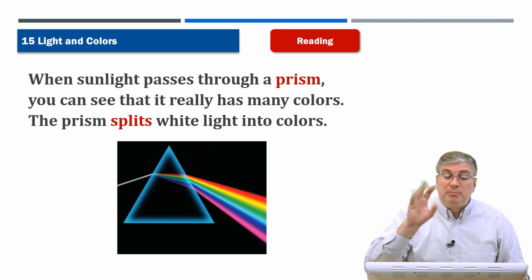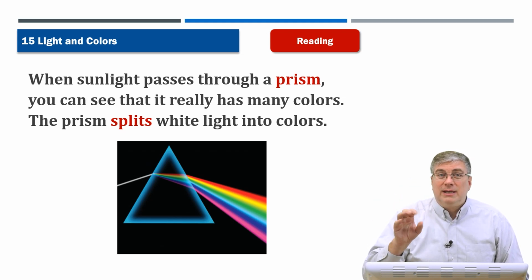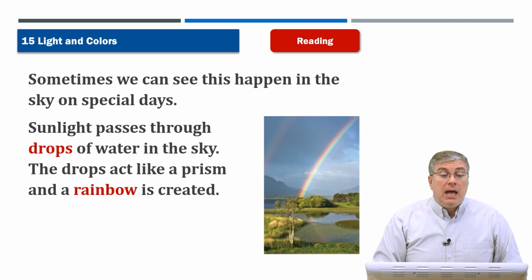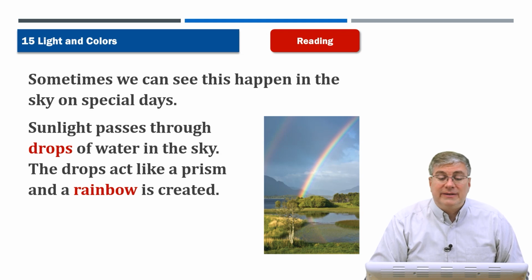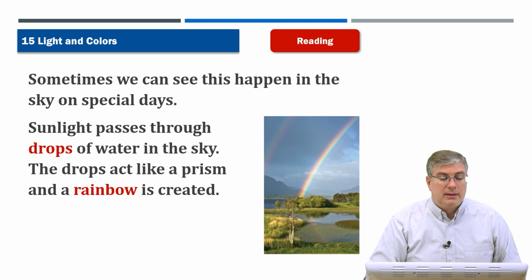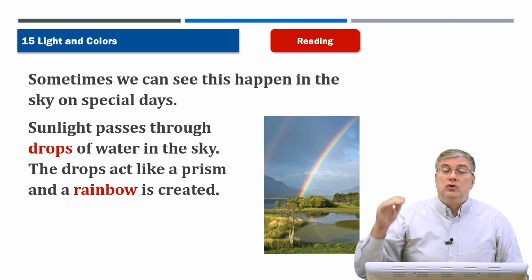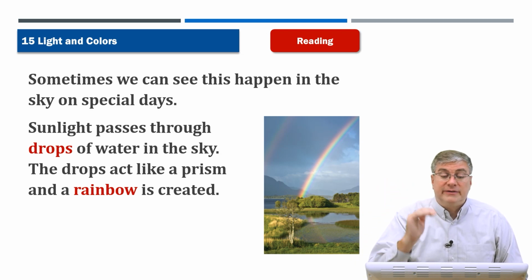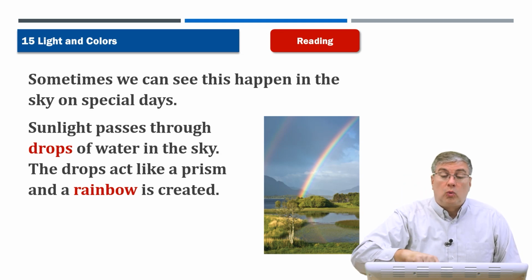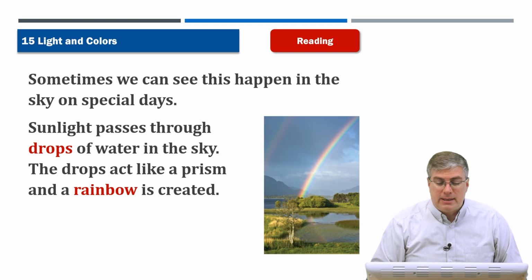The prism splits white light into colors, into many different colors. Sometimes we can see this happen in the sky on special days. Sunlight passes through drops of water in the sky. The drops act like a prism and a rainbow is created.